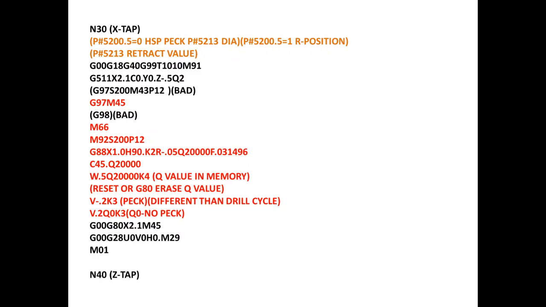And same as a drilling cycle, we need a final destination. And if you want to use a CAN cycle, H90, which is the C-axis rotating 90 degrees each time. K designates how many times you want to do it. It's twice I want to do it.